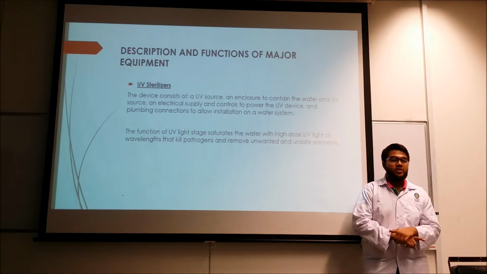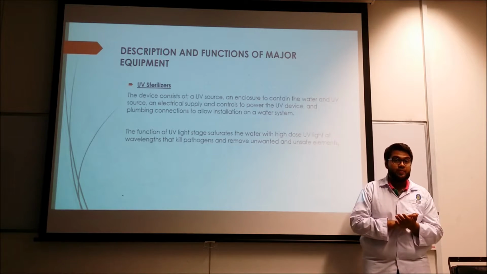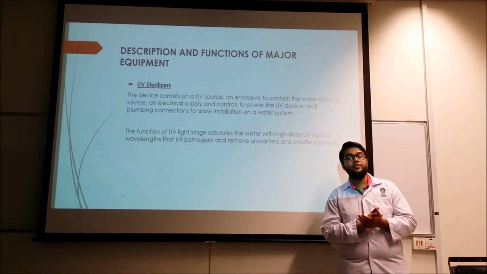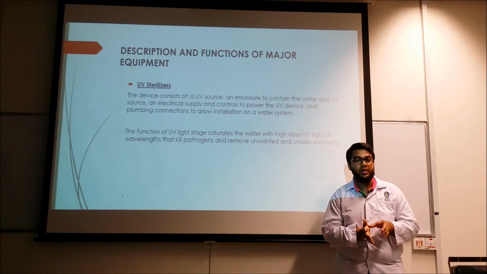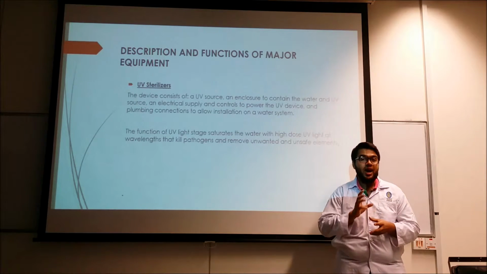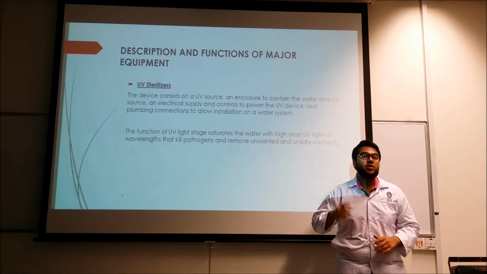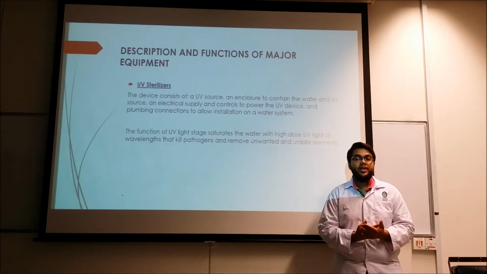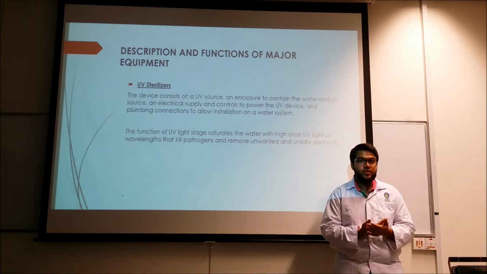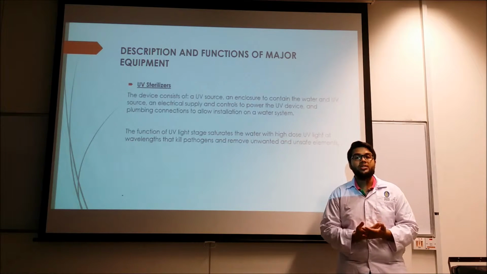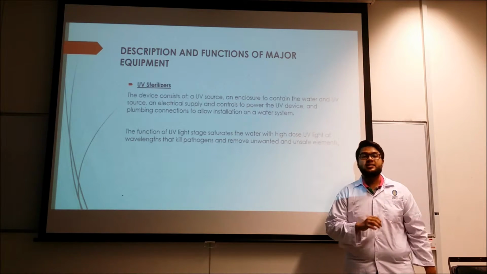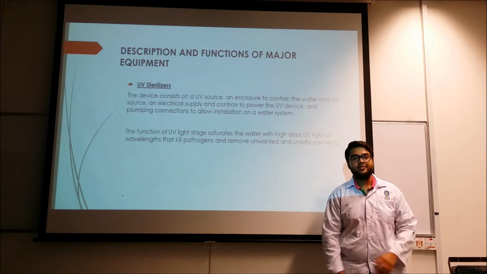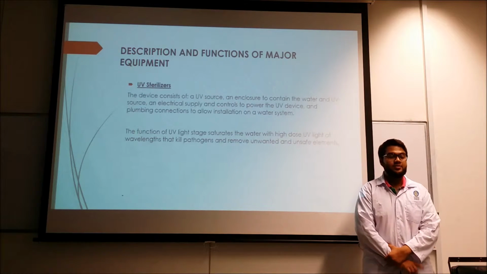It gives the UV light source to the water compartment and concentrates a high dose of UV and increases the wavelength. What is the benefit of doing that? The benefit is to kill or remove the pathogens and any unwanted and unsafe elements that cannot be seen by naked eyes. So that's the function of the UV sterilizer.